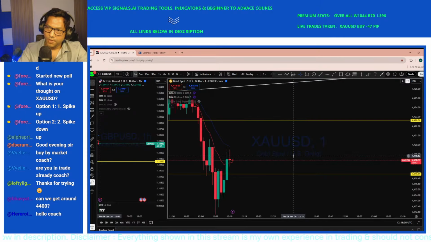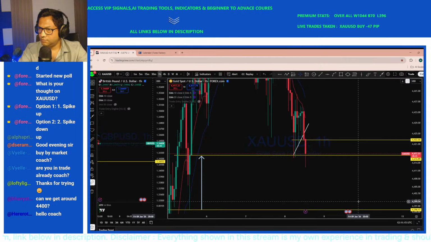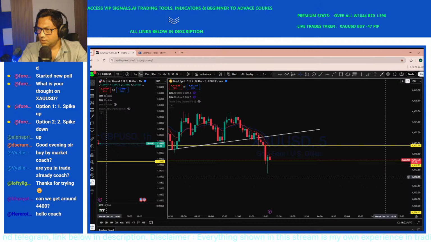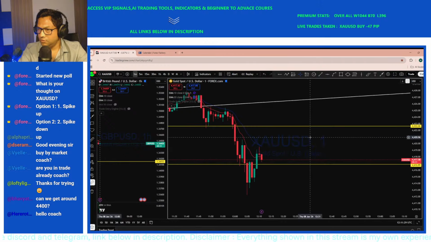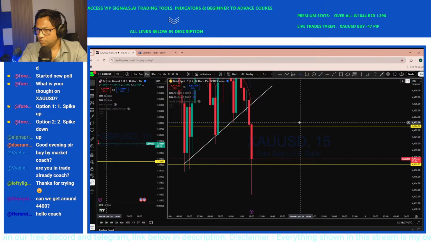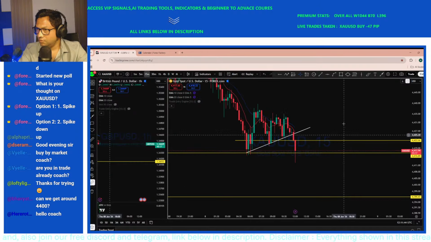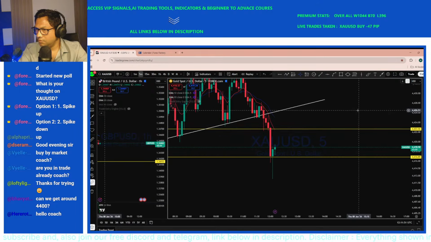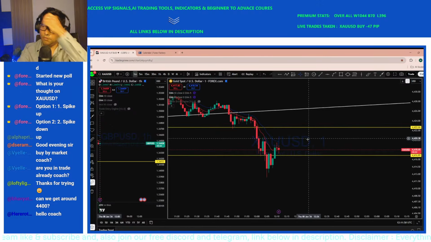So a couple of doji here, and the market is breaking out of this level here. So it's getting here.